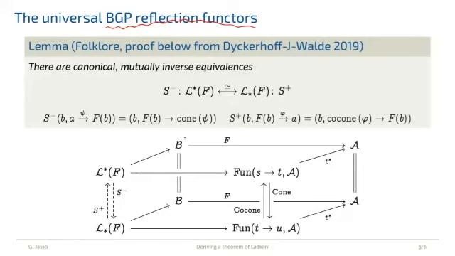And the way we construct these functors is also quite simple, because it exploits the fact that the gluings are defined in terms of pullback diagrams. So here I have the diagram that defines L upper star of F.